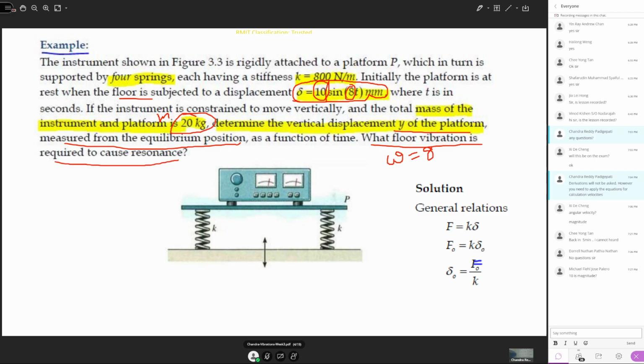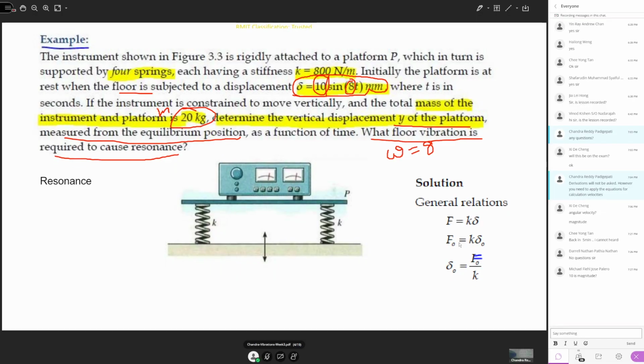So guys, any idea what is resonance? Anyone can tell me what is resonance?